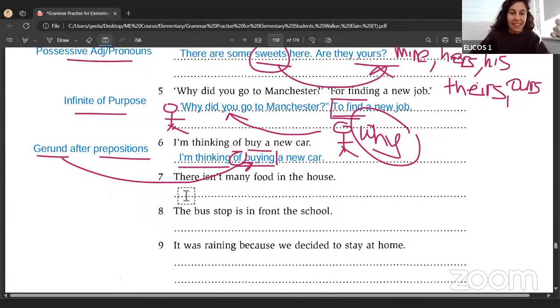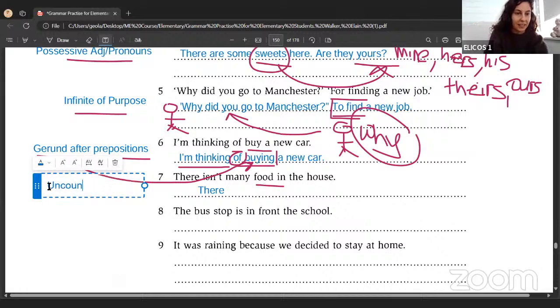Number 7, there isn't many food in the house. Have a look at "much". Yes, much. Remember, food is uncountable. Remember when we had our nouns, countable and uncountable? This was from the rules of uncountable nouns.